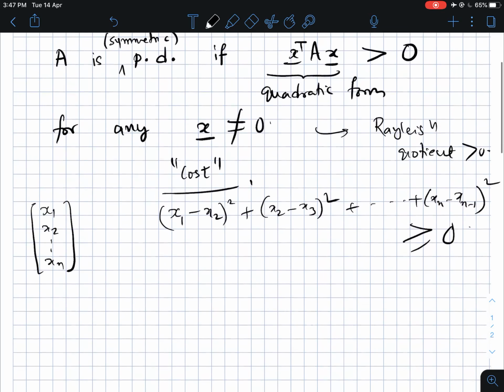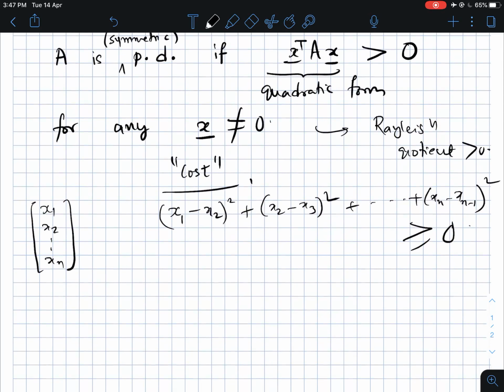Now, one important thing to note, and we'll see this analogy play along throughout this lecture, is that positive definite matrices play the same role as positive numbers. I'll explain this in a minute.